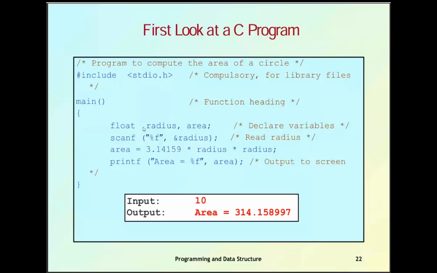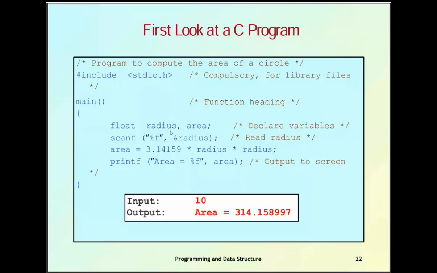All such variables can be stored in float type variables only. If I define it as an integer variable, int is a keyword, we will come to that, then you will not be able to store 10.9 in an integer variable. It will only store 10. It will truncate 0.9 out of this.